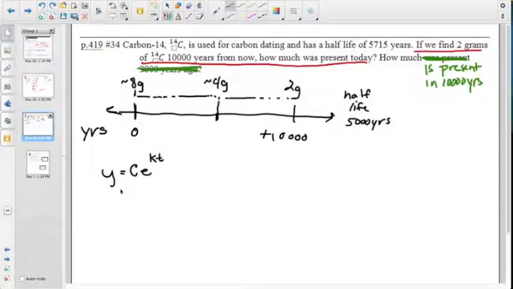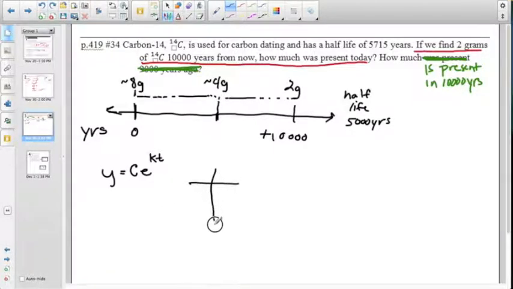And so if we put this into a table, we can say, if we go back to the beginning when we first started recording the carbon 10,000 years ago, the beginning of that time interval, time t equals 0, let's just hypothetically say we have 100 grams.